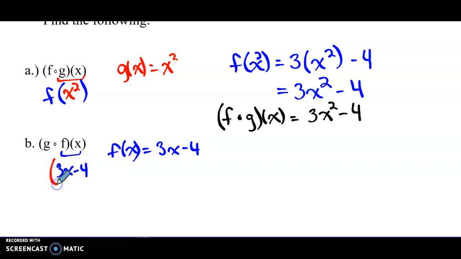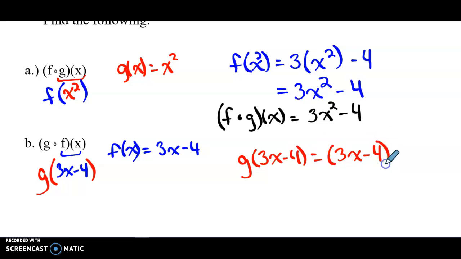And I'm going to replace it into my function g. So I'm replacing x with 3x minus 4. And my function g is x squared, so I'm going to replace x with 3x minus 4, that's the value of x, and then squared, because that's the function g of x.